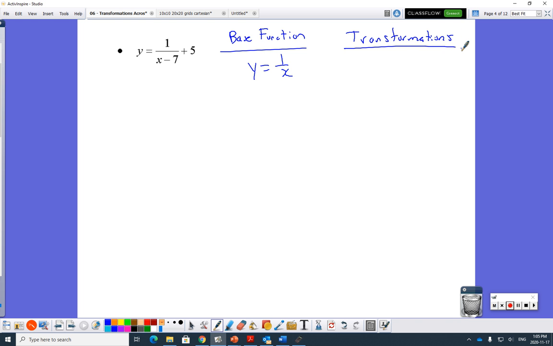Quiz yourself. How many transformations do you see here? 2. Yeah, there's 2 there. There's this subtract 7 inside the function, which means right 7. I'm not hung up on the horizontal translation by 7 units. Those are also sentences, I don't care about that anymore. And then over here, up 5.